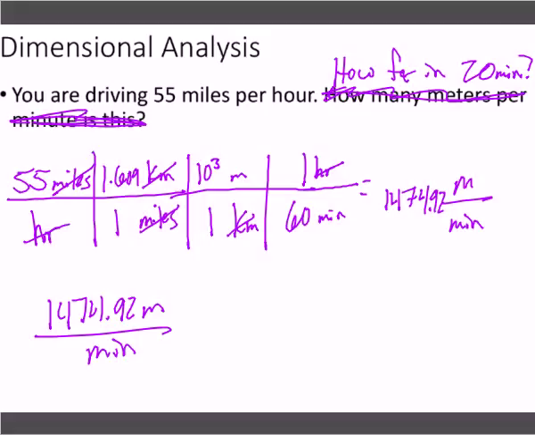The beauty, guys, about this process is that we are given 20 minutes. So you could even do it in your T-chart. I ran out of space there, but we could add a whole other T right here and say, oh, we want to get rid of minutes. We only want to have meters. We want to figure out how many meters we will go in 20 minutes.